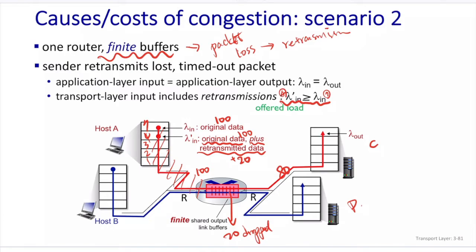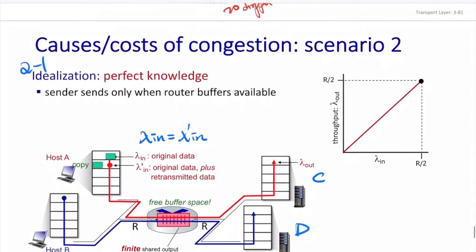And this number is called offered load. At the right-hand side, the additional 20 units of data will be received because of the retransmission. Okay, so that is scenario number 2.